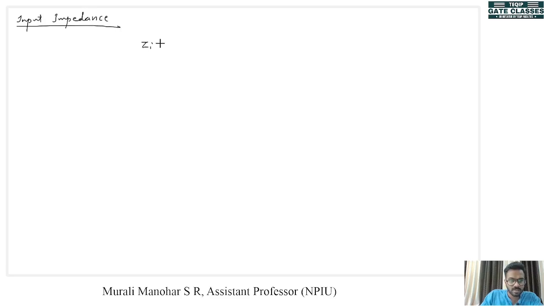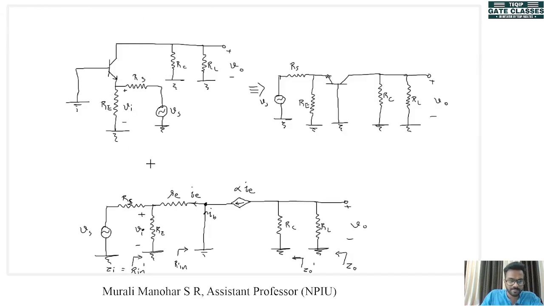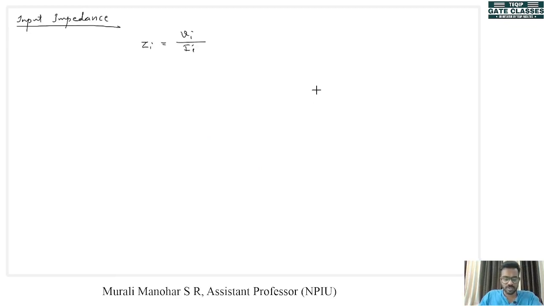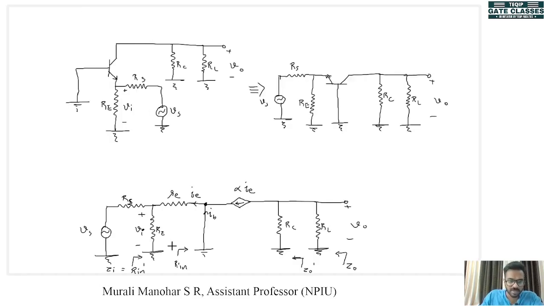Zi equals Vi divided by Ii. What is Vi? Vi is the voltage drop across re. In order to find Zi, we will first find Rn, the resistance when we look into the circuit from here.